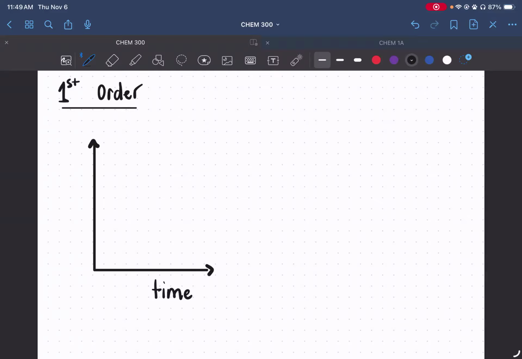In the case of 1st order graphs, its x-axis is still time. That's in common. However, its y-axis is the natural log of the concentration. That is ln. If you have your calculators, please grab them. Look for the ln function on your calculator.